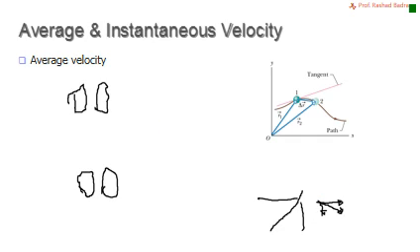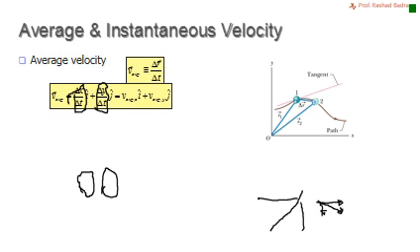Now, to understand the average velocity, let us put the general definition we had before, that the average velocity is the change in position divided by the time interval. Considering that delta r is equal to delta x i hat plus delta y j hat, and dividing that by delta t, we're going to get two components.